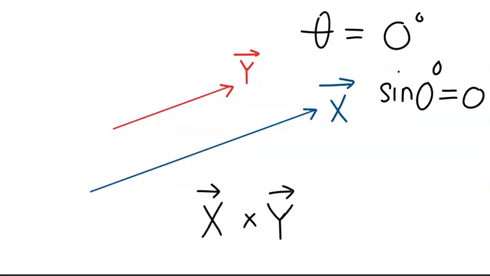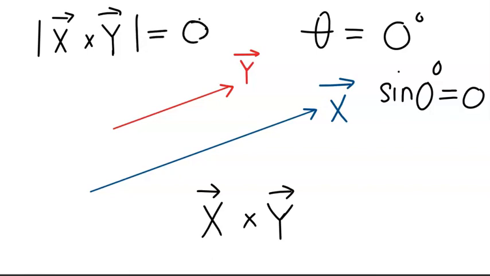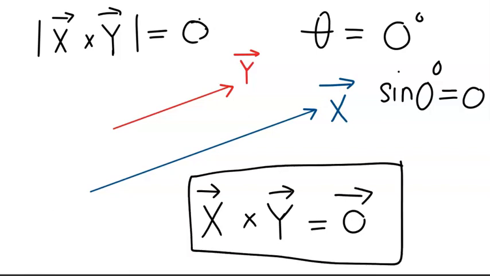That means the magnitude of x cross y is 0, which implies the cross product of x and y vanishes. So the cross product, or vector product, of any two parallel vectors is 0.